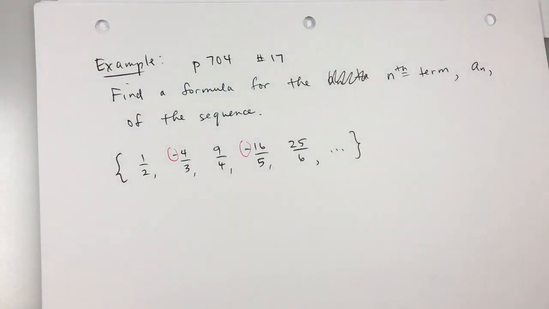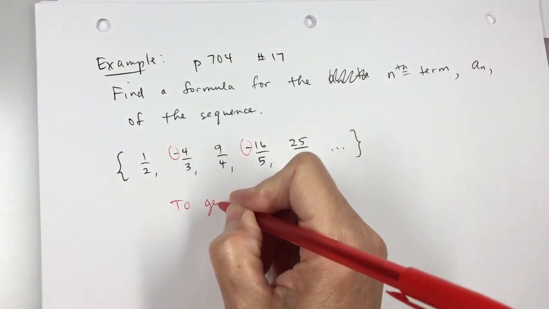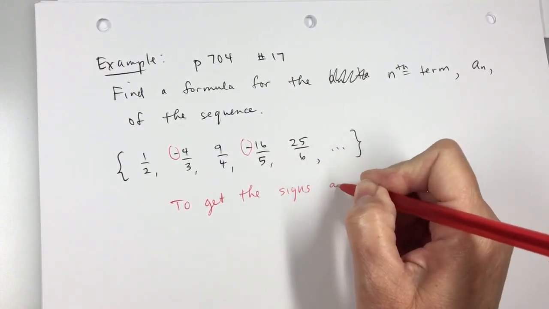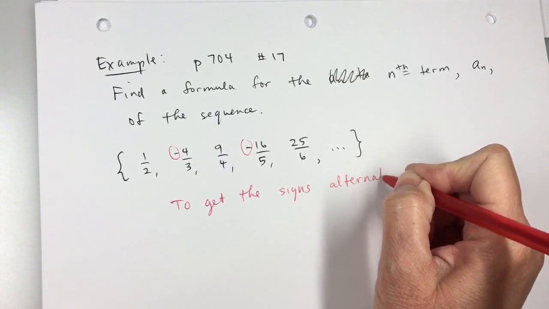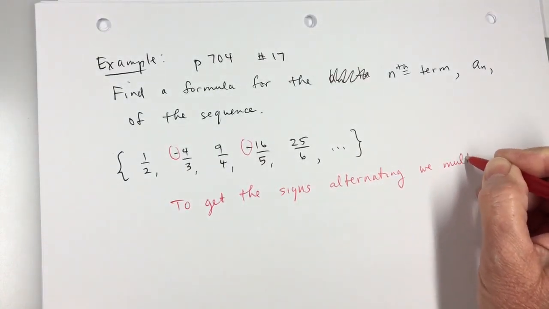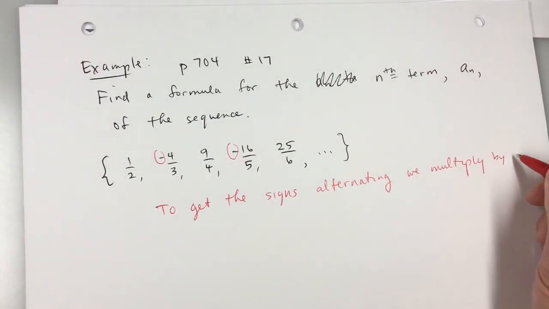To multiply by a -1. Exactly. So to get the signs alternating, we multiply by -1.